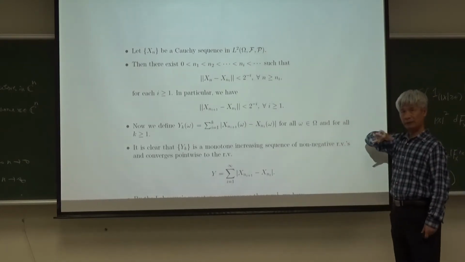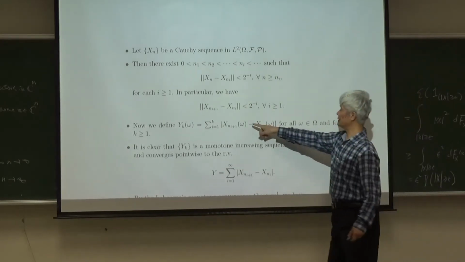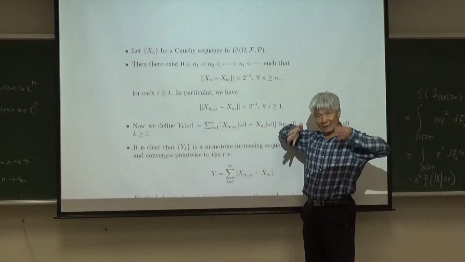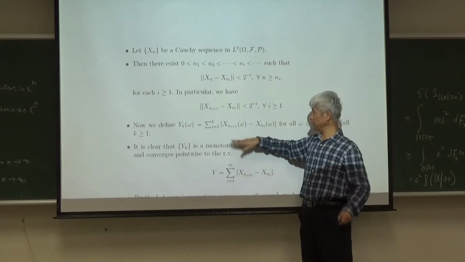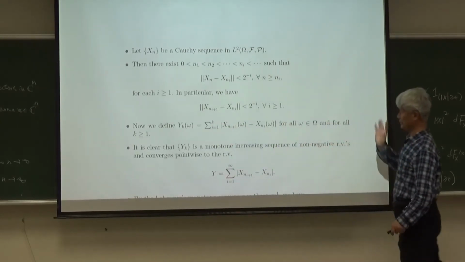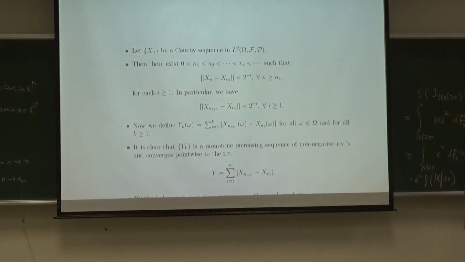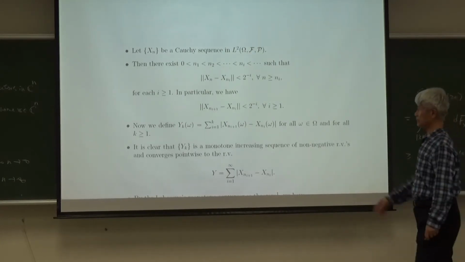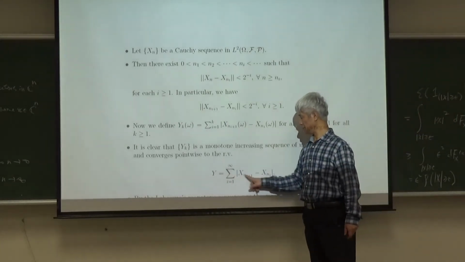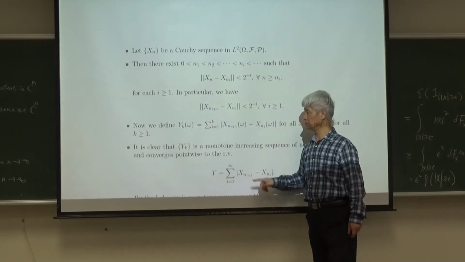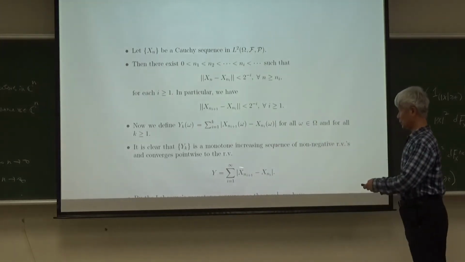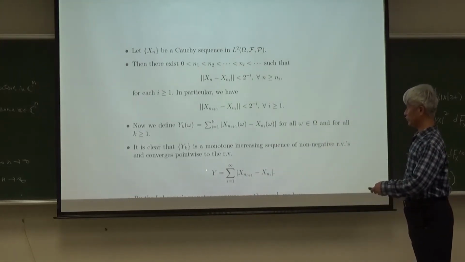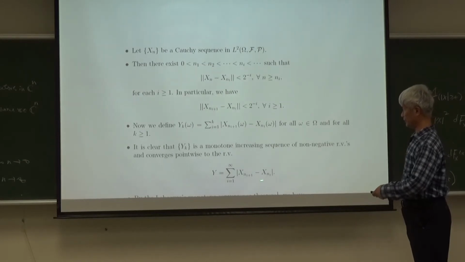It becomes bigger and bigger because the summand is non-negative, since we take the absolute value. So y_k is increasing, and it converges pointwise. So we can define a random variable y, which is the sum of these random variables.